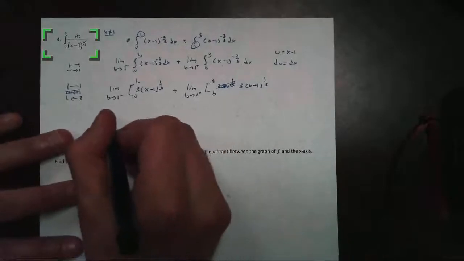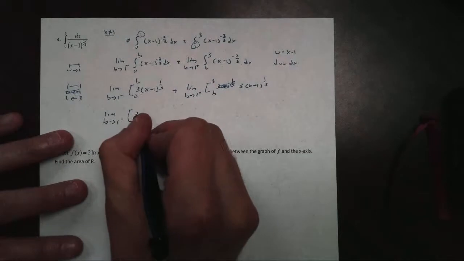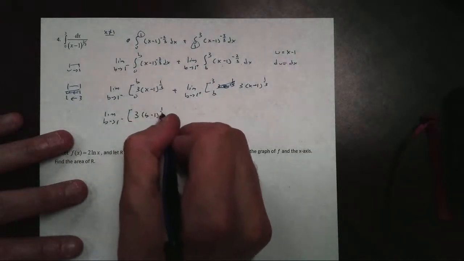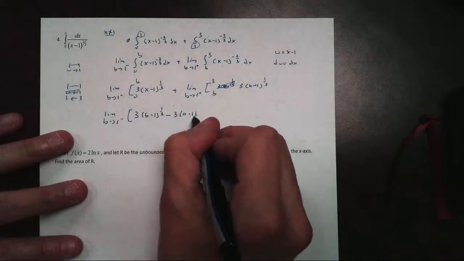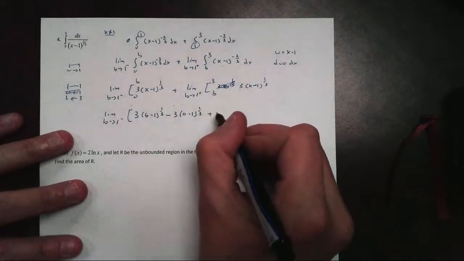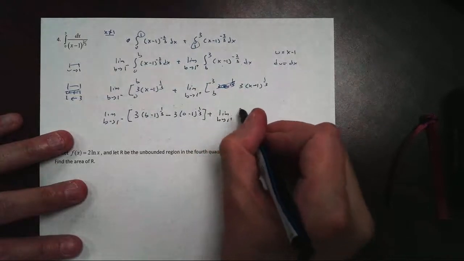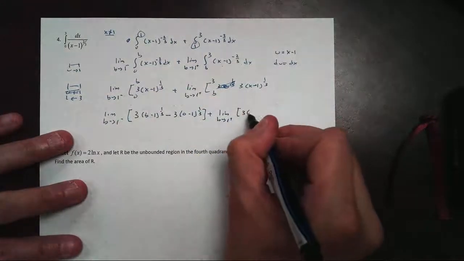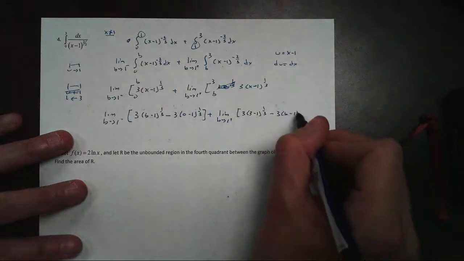Applying your FTC, we get the limit as b goes to 1 from the left, and we're going to get 3 times b minus 1 to the 1/3 minus 3 times 0 minus 1 to the 1/3, plus the limit as b goes to 1 from the right. And plugging it in, we get 3 times 3 minus 1 to the 1/3 minus 3 times b minus 1 to the 1/3.